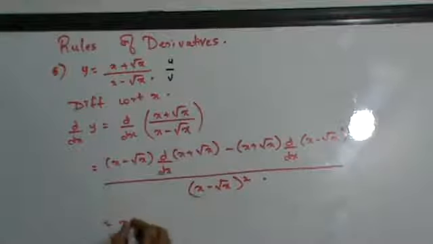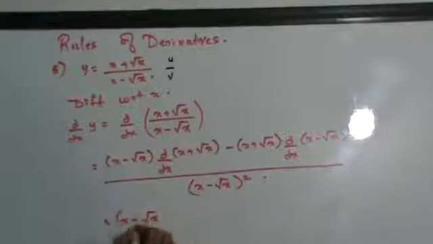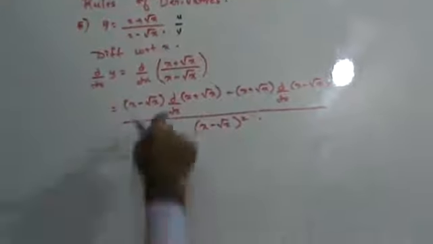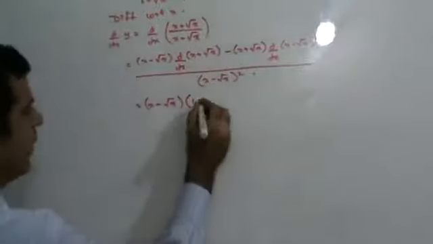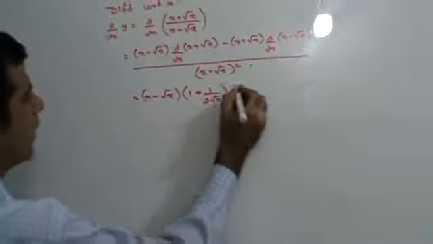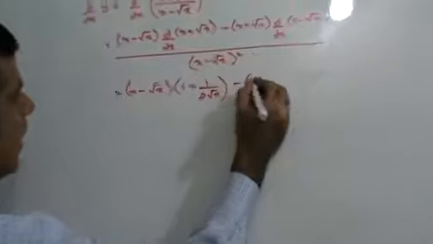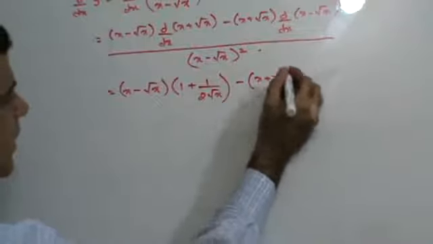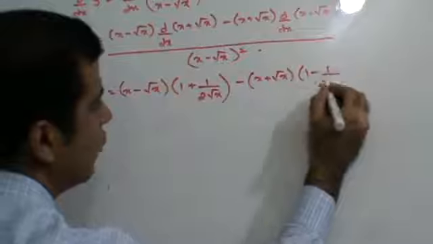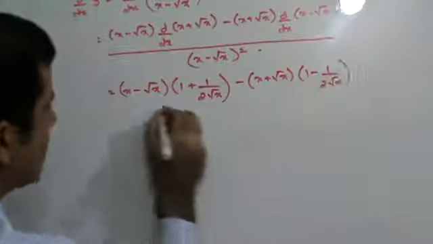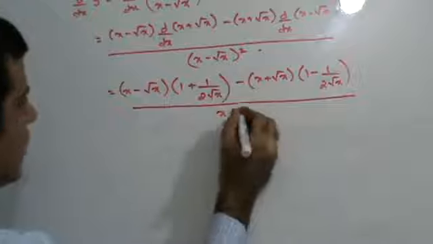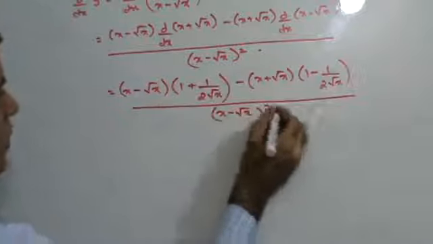This can be written as x minus root x. Now dy dx of x is 1, dy dx of root x is 1 upon 2 root x, minus x plus root x. Dy dx of x is 1, dy dx of root x is 1 upon 2 root x, upon x minus root x the whole square.